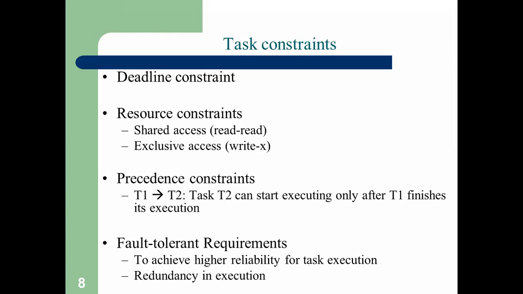Fault tolerant requirements to achieve higher reliability for task execution. Reliability means we will protect against the failure of the system. We will design the operating system in such a way that we can work easily on that and execute perfectly each and every program or task or process. So we will take care during the design of the operating system.